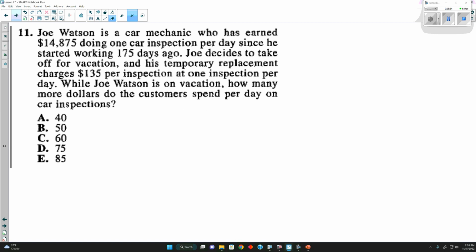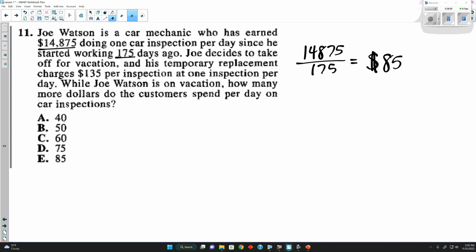So this 14,875 is broken up over 175 days, yes? So the first thing we'll need to do is see how much Joe is charging per day. So if we divide 14,875 by 175, we get what? So he's charging $85 per inspection.